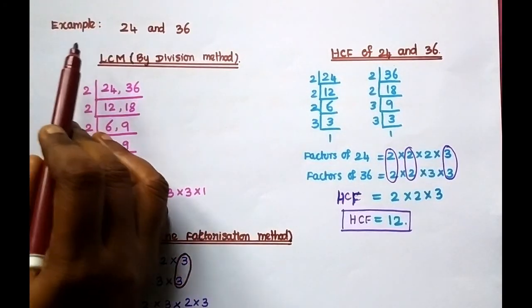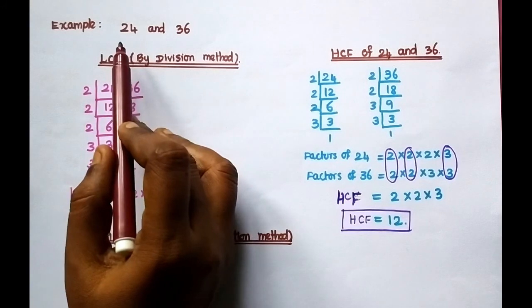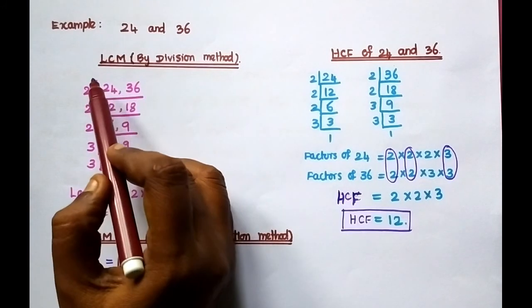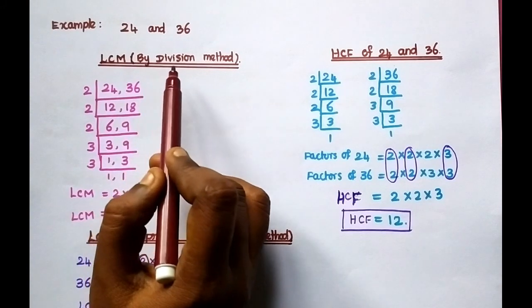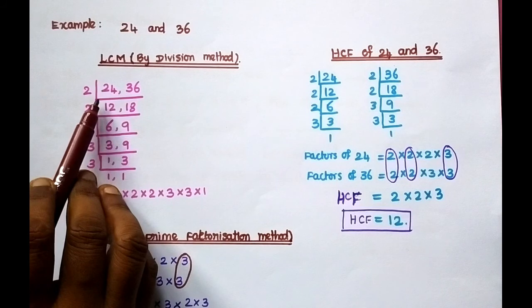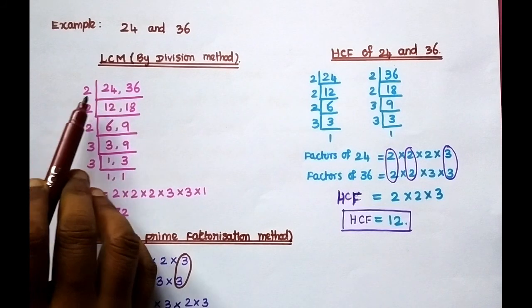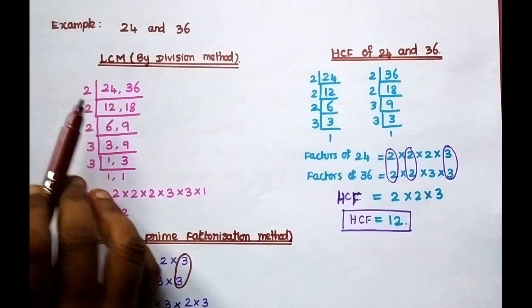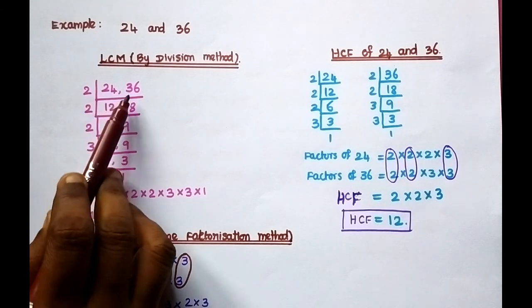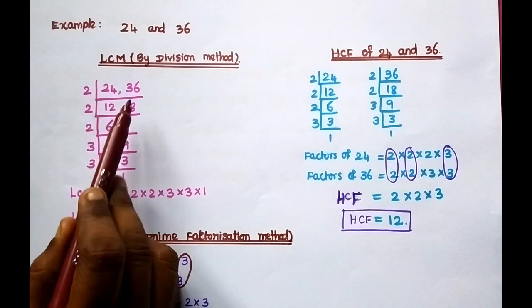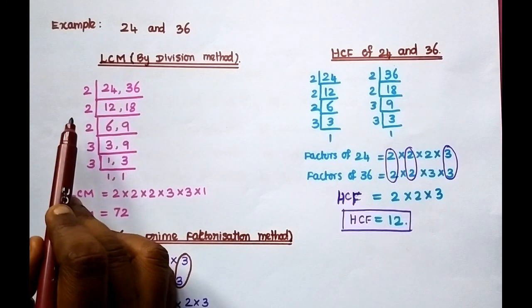Listen, example sum: 24 and 36, to find the LCM by the division method. 24 and 36 are both divisible by 2. So dividing by 2 we get 12 and 18. 12 2s are 24, 18 2s are 36.